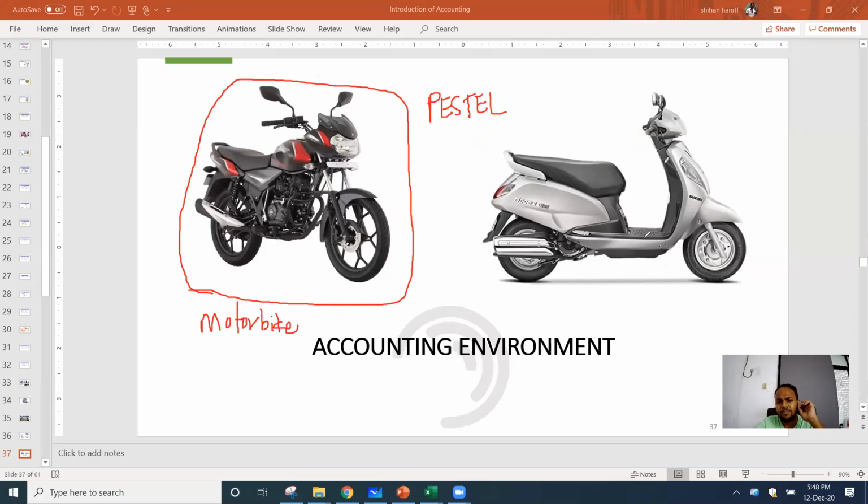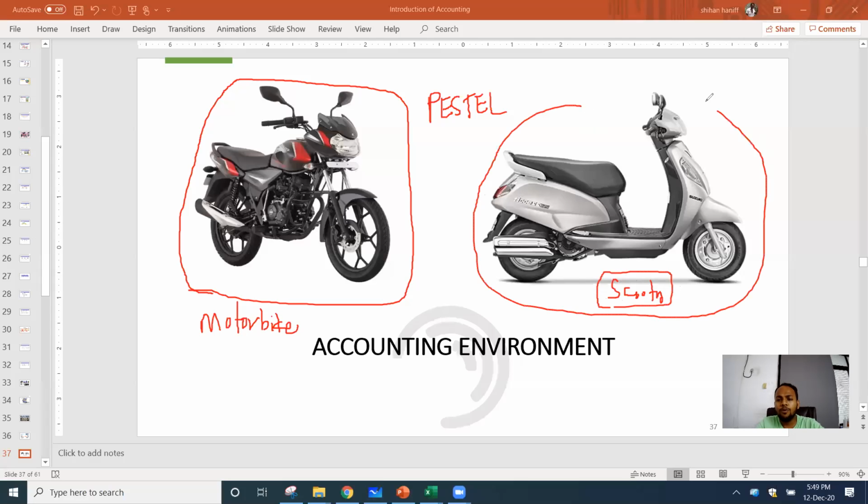No one was interested in buying a scooty. Very rarely we saw one around 2010, 2011, nobody was interested. Now you go and see on the road, what is more? Even in your home, most of the people I know, you find more of this.